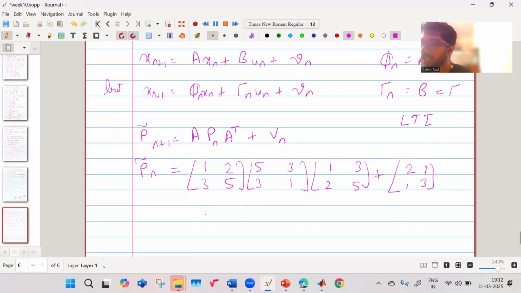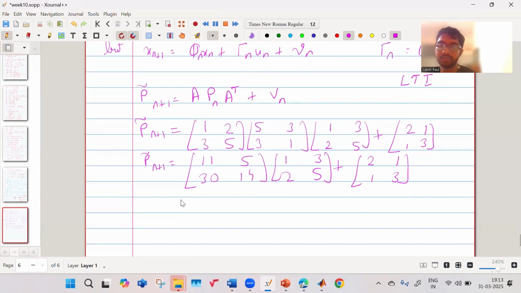So this is P tilde n plus 1. Let us multiply. 1 into 5 is 5 plus 2 into 3 is 6. 5 plus 6 is 11. So this is 3 plus 2, 5. 3 into 5, 15, and 15, so this is 30. 9 plus 5, it is 14. Then 1, 3, 2, 5 plus 2, 1, 1, 3.